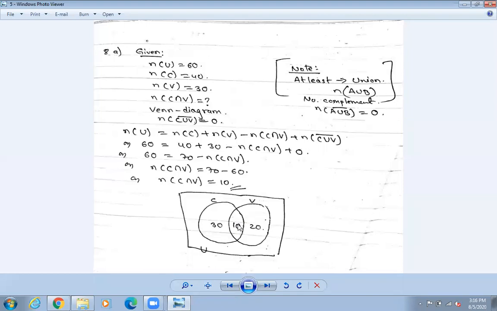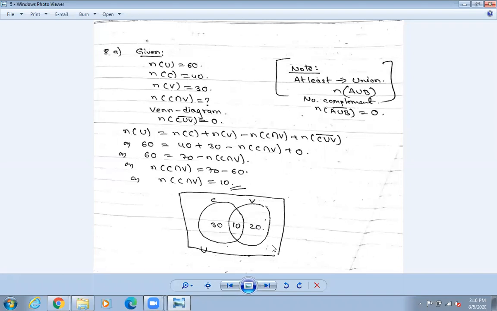And while drawing the Venn diagram, always we need to remember, we need to start from intersection. Of 30, 10 is already written, that means it is 20. And I'll give 30. If there is at least, there is no complement, that is complement 0.